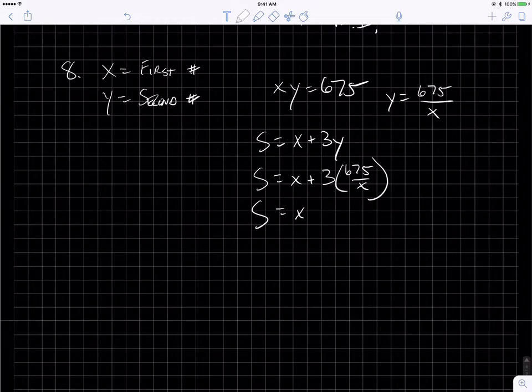Three times 675 plus 2025 over x. So then I'm gonna call it 2025x to the negative 1.